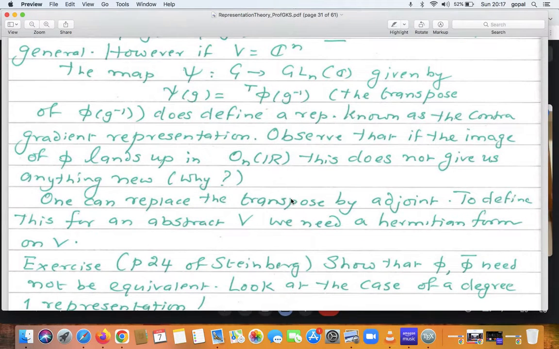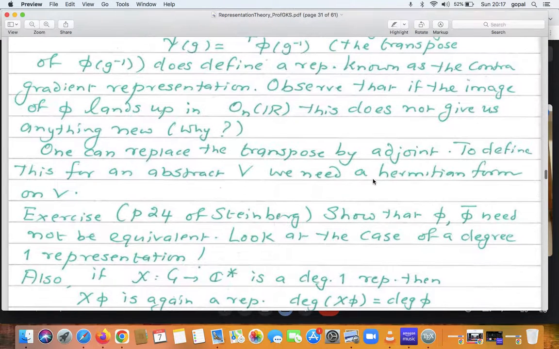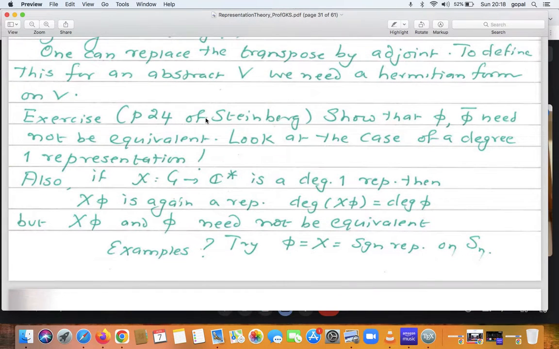One can of course replace the transpose with the adjoint. To define the adjoint for an abstract vector space, you need a Hermitian form on it. Then you can do that. Now again, give an example to show that phi and phi bar need not be equivalent. Already for a degree 1 representation, phi and phi bar may not be equivalent.